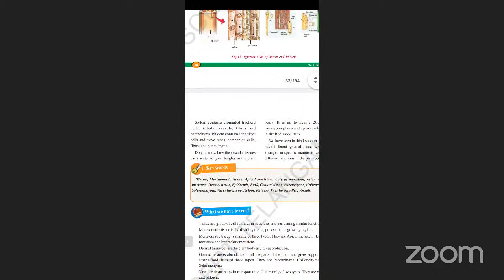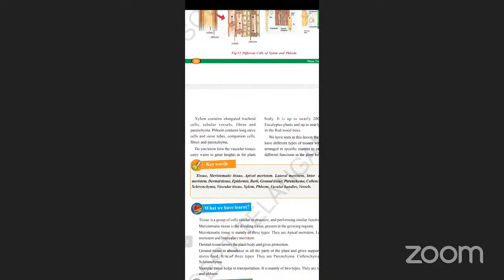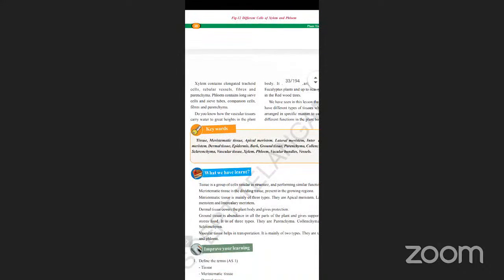See here, xylem contains important children. Xylem contains elongated tracheid cells, tubular vessels, fibers, and parenchyma. Phloem contains long sieve cells and sieve tubes, companion cells, fibers, and parenchyma.